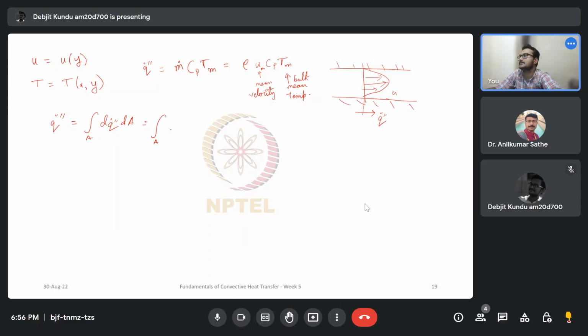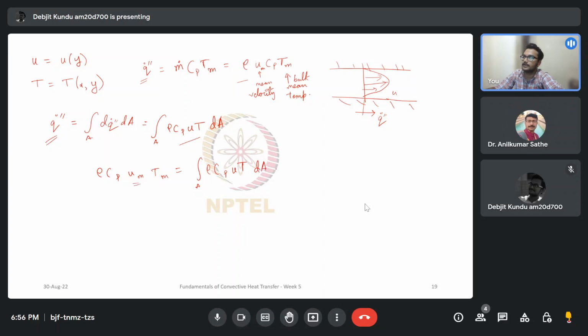This can be written as rho Cp u T dA, correct? Now, this quantity and this quantity, they're equal. So I'll write this quantity equal to this quantity. So rho Cp Um into Tm should be equal to the integration over area of rho Cp uT dA.